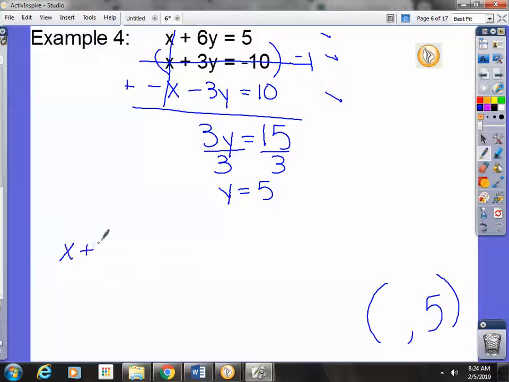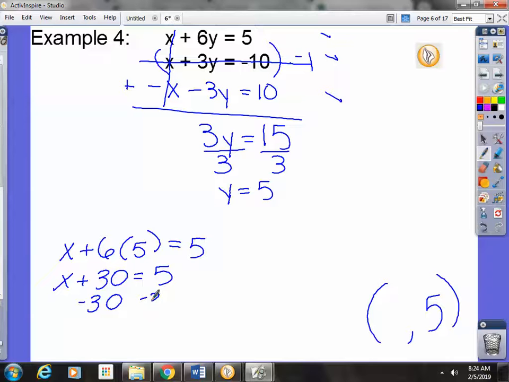So I have x plus 6 times 5 equals 5. 6 times 5 is 30. To get x by itself, I would subtract 30. x equals negative 25. Negative 25, comma, 5.